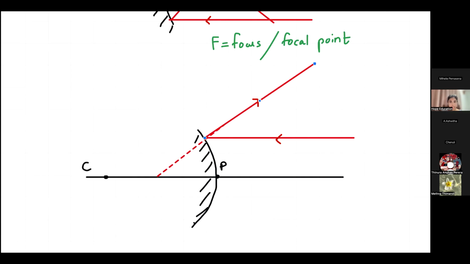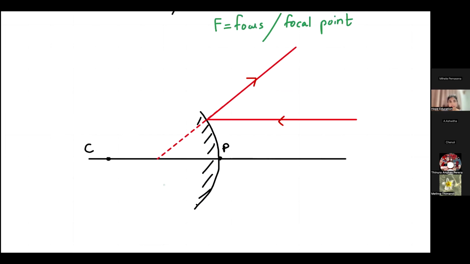When I extend it backwards, this light ray meets the principal axis, but it's not the real light ray, I just extended it backwards. The point where it meets the principal axis, I call the focal point.